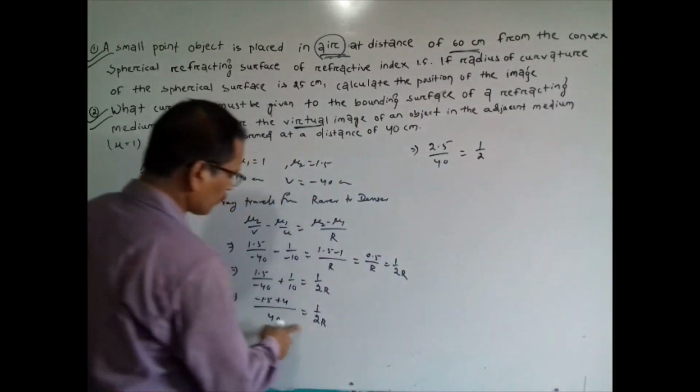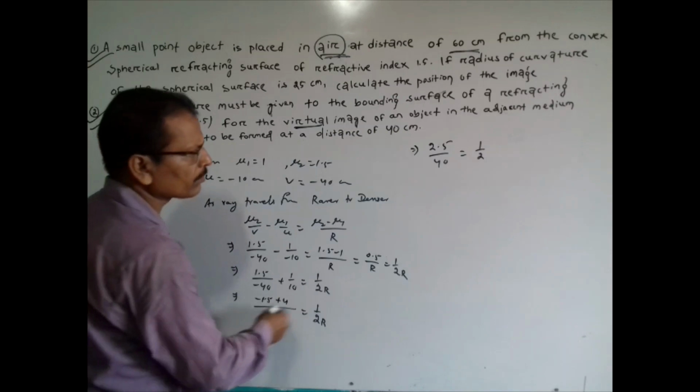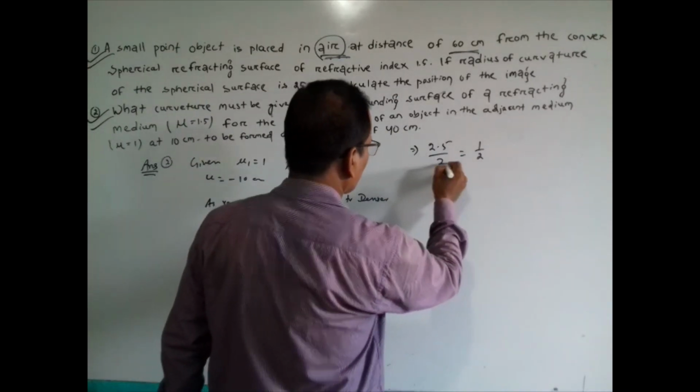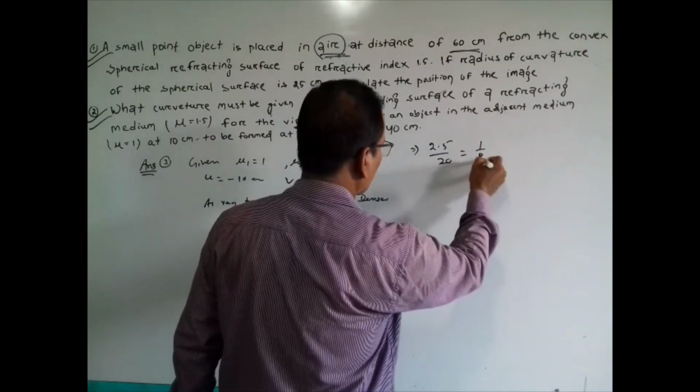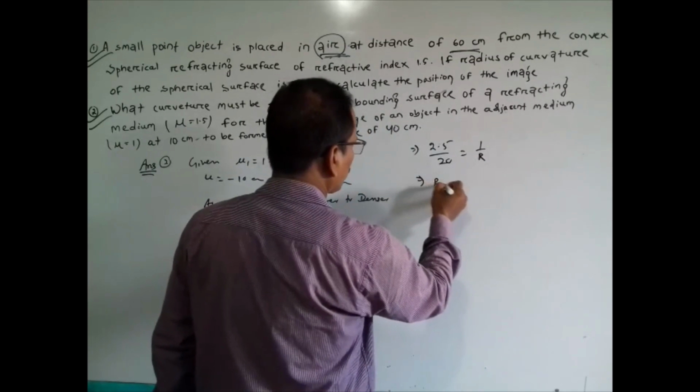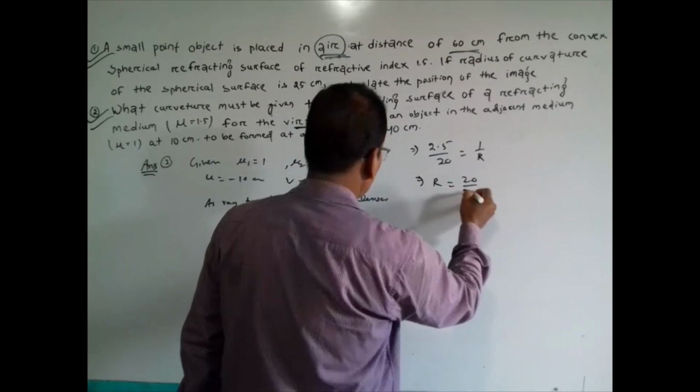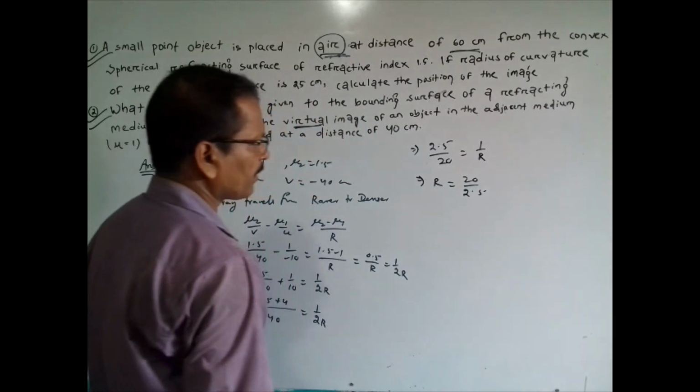Cancelling, 40 by 2 is 20, this is r. So r is equal to 20 by 2.5.